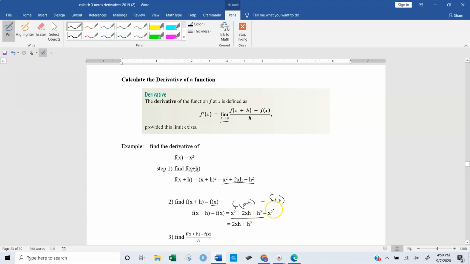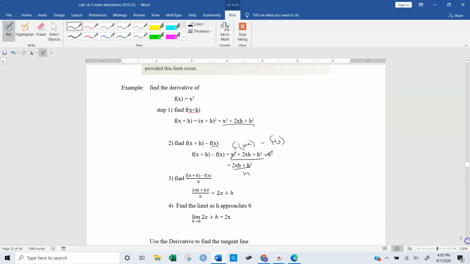Cancel these out. Then we have to divide this by h. Once we divide that by h, as h approaches 0, the h term disappears, and we're left with 2x. So this is a limit as h approaches 0.